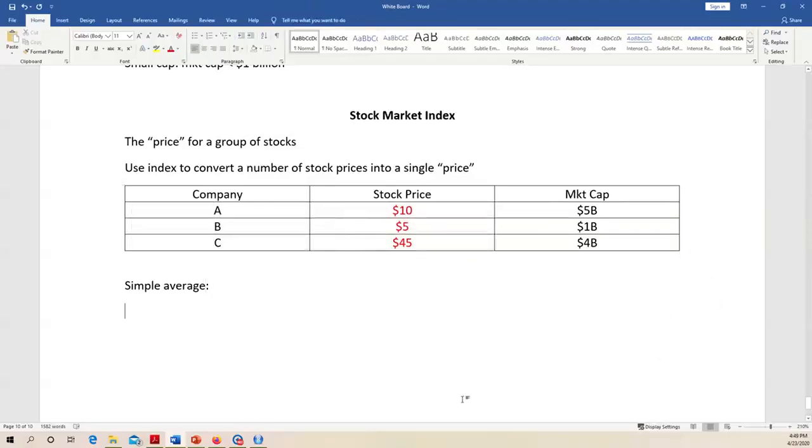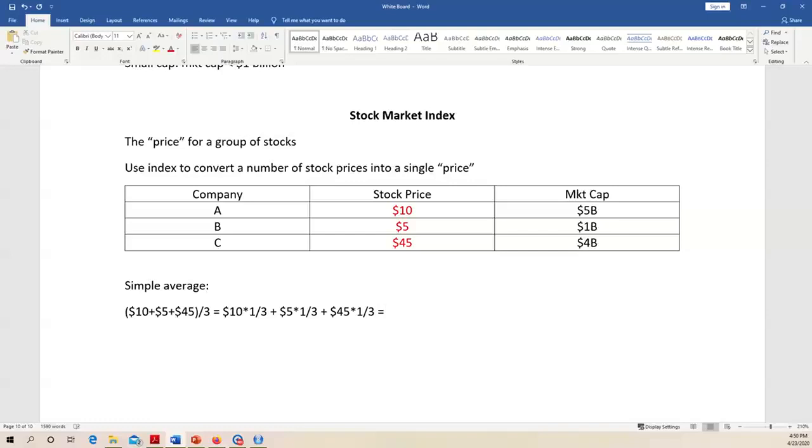So we have here $10 plus $5 plus $45 divided by 3, which, if you are familiar with math, is equivalent to $10 times 1/3, plus $5 times 1/3, plus $45 times 1/3.